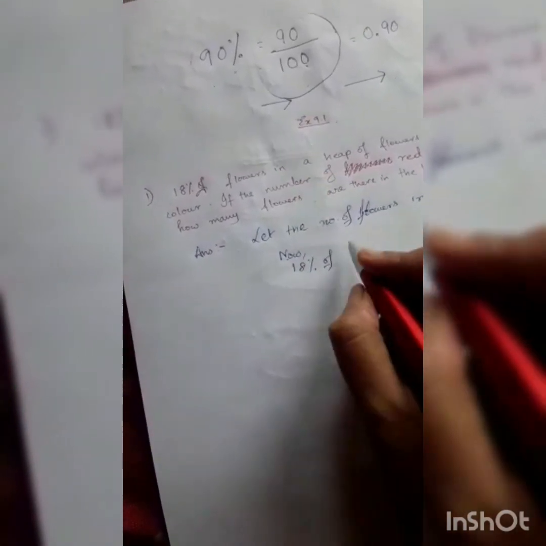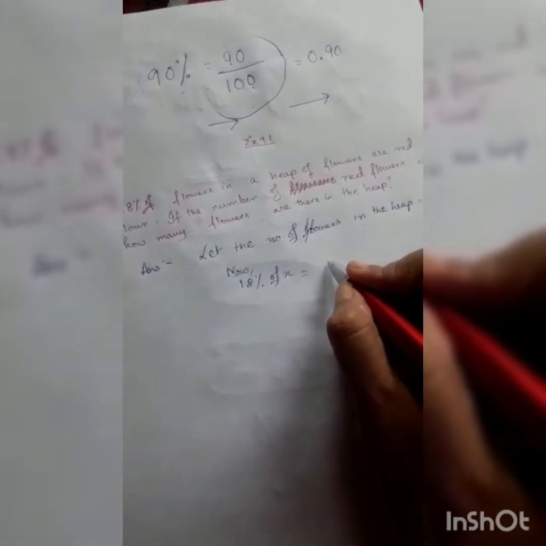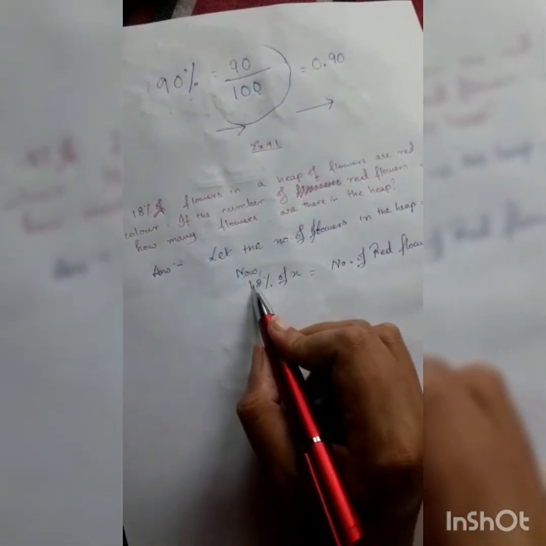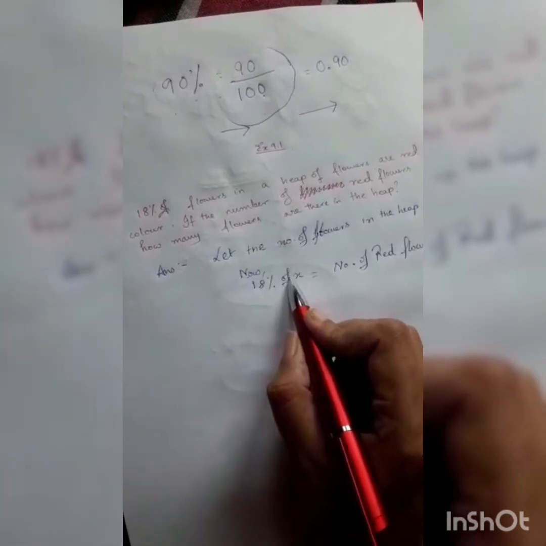Now, 18% of x is equal to the number of red flowers. Because that is mentioned in the question. 18% of flowers in a heap are red in color.